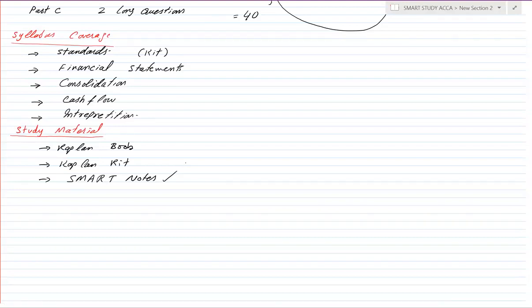We will use the Kaplan kit. And we will use smart notes. These smart notes are very concise, very comprehensive. We will use these smart notes to cover the theoretical portion, and we will use the Kaplan book for the examples and test understanding. So that's all regarding the introduction of this paper.